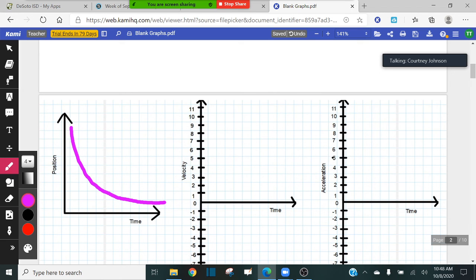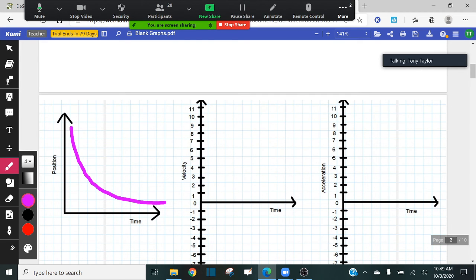Not positive. Is that going downhill or uphill? That curve. Down. It's going downhill. So remember, if your curve appears to be going downhill, that always indicates an object traveling in the negative direction. If the curve appears to be going uphill on a position versus time graph, that always indicates an object traveling in the positive direction. So this object is slowing down in the negative direction.